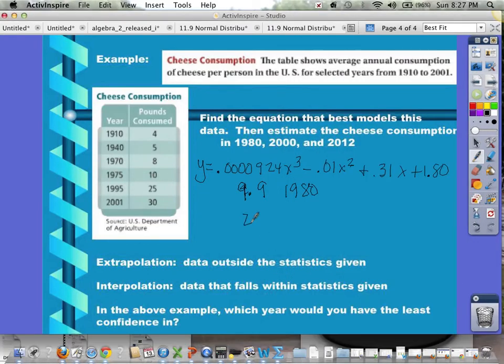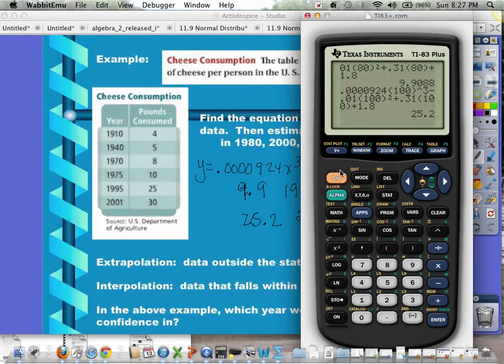So I'm going to write 25.2 for 2000. And then 2012, I'm going to use 112. So I'm going to go back, and then hit second enter and go back, and change that to a 1 and a 2. 1, 2, and hit enter.